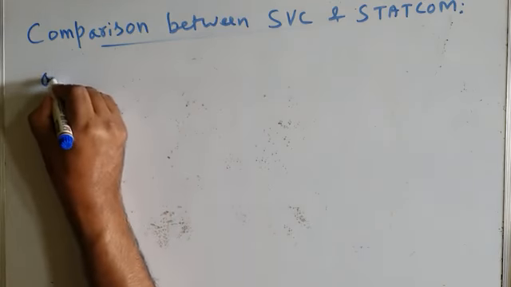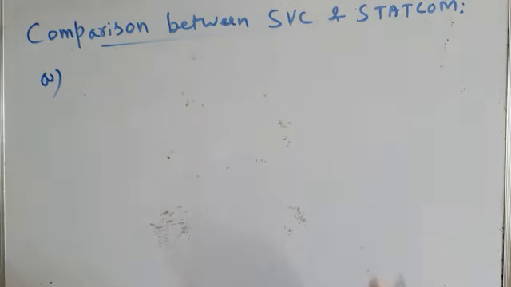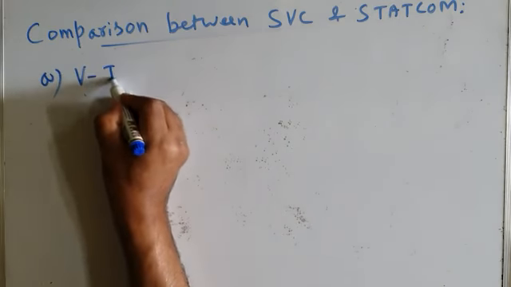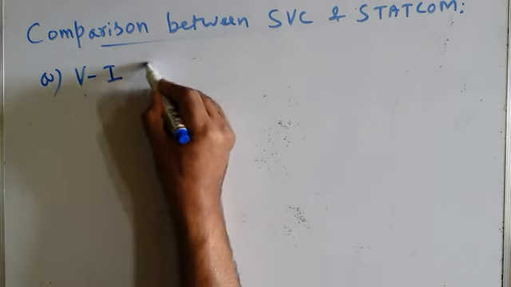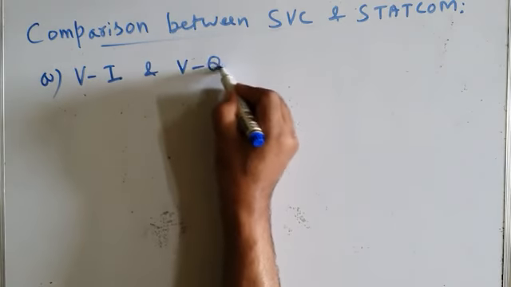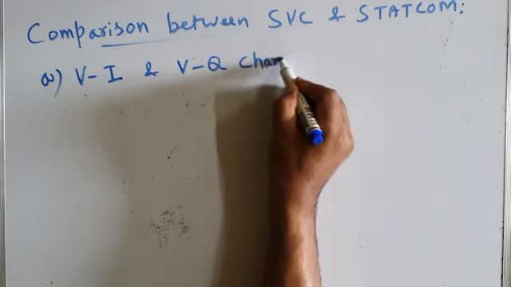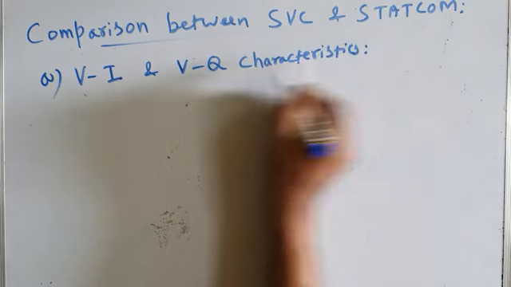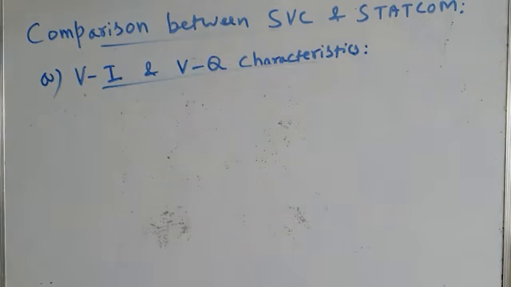So the first point of comparison between the two shunt compensators is the voltage versus current characteristics and voltage versus reactive power characteristics. VI and VQ characteristics.